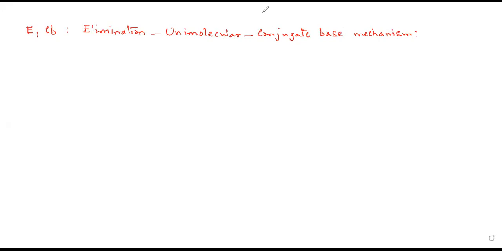Let us straight away go for the mechanism of E1CB reaction. Here again, like the E1, it also has two-step mechanism. But the steps are exactly opposite. Let me give you.